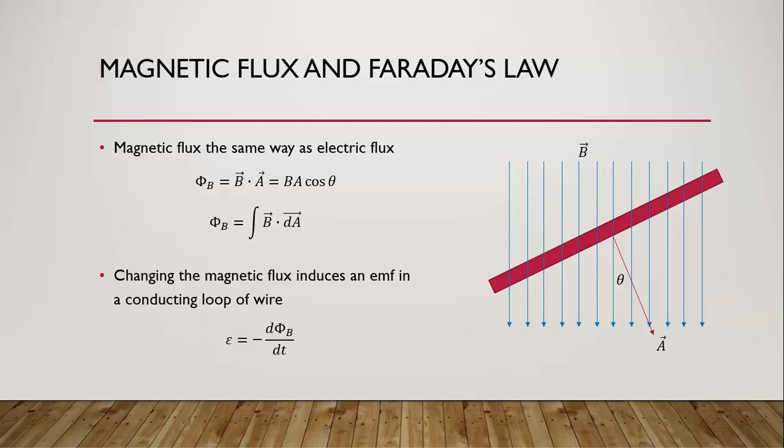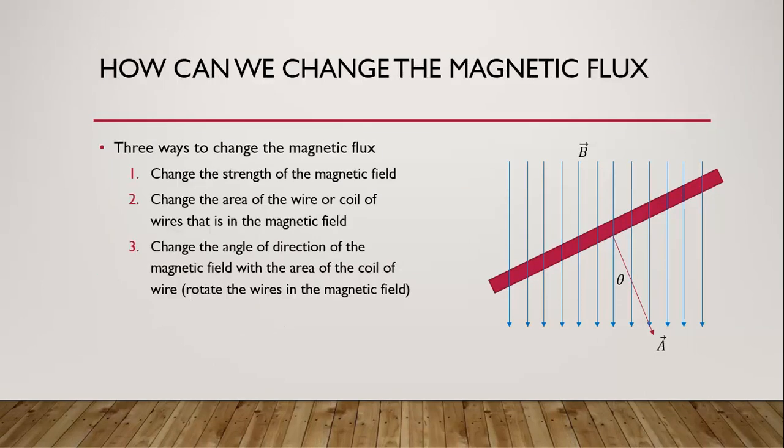And that EMF is equal to negative the change in flux as time changes. You might say, well, negative, that seems kind of odd. But we'll see why that negative is in there in a few seconds.